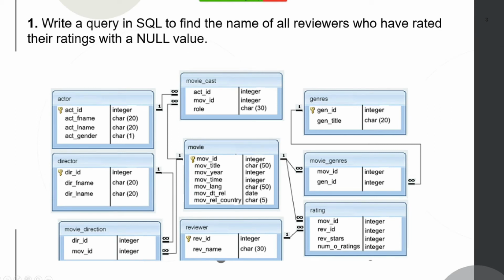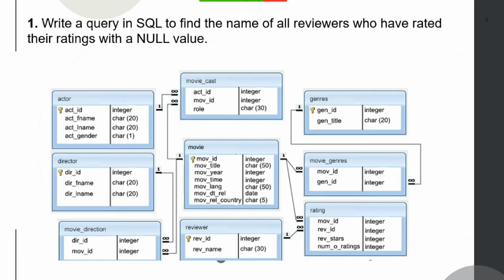Though it is written here 'all', don't get confused that if it is written all, then it's going to be an outer join, meaning it takes everything from this table and only a few things from that table. Only a few reviewers have rated some movie with a null value.